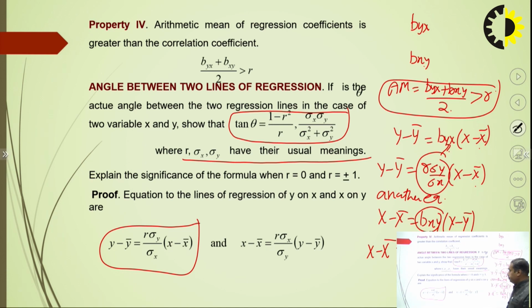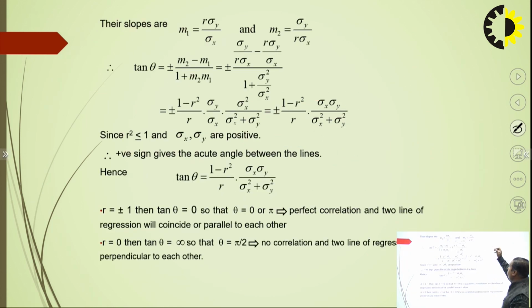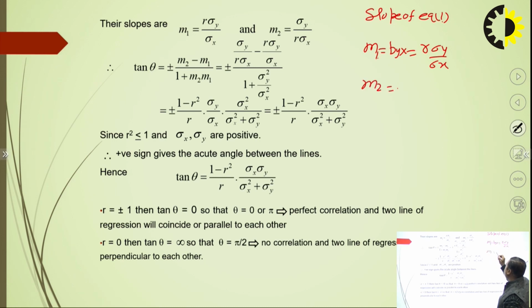Now let us take the slope of equation 1. m1 is equal to byx, which is r sigma y upon sigma x. That is called m1. m2 is equal to sigma y upon r sigma x. That is m2.